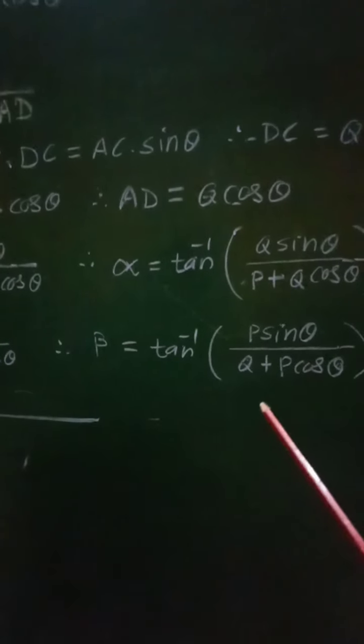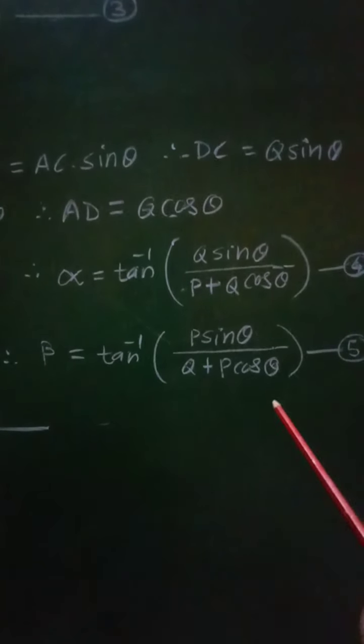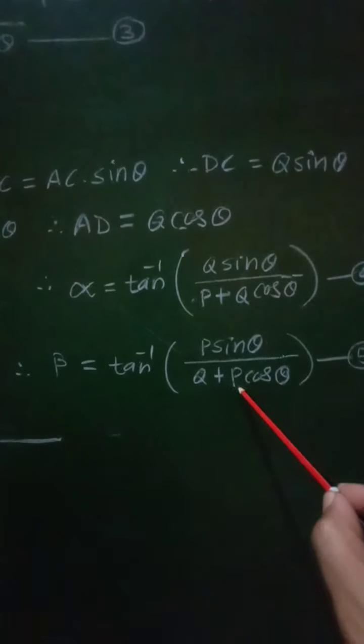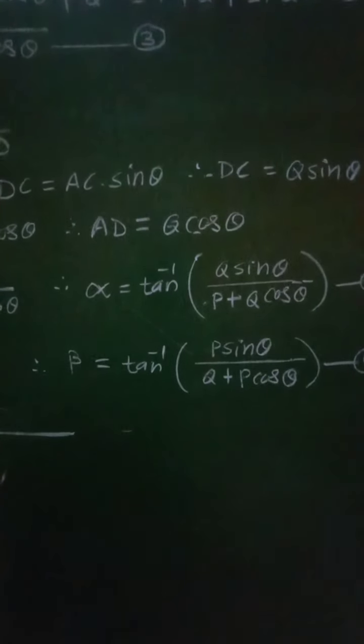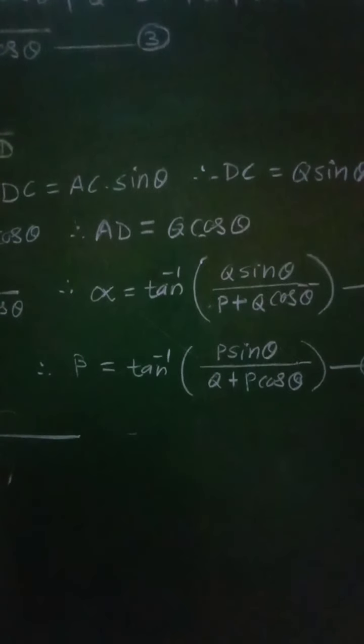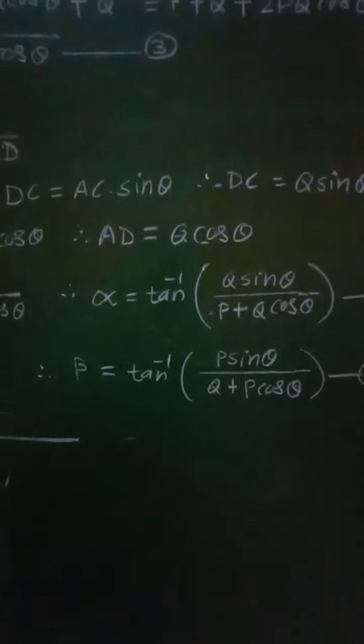And therefore beta will be equal to tan inverse of P sin theta upon Q plus P cos theta, equation number 5. So both these relations, 4 and 5, represent the direction of the resultant, with respect to vector P and with respect to vector Q respectively.